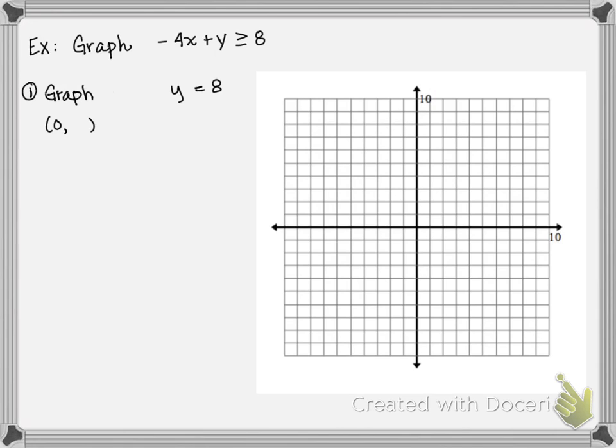And so we end up with y equals 8. And then if we put 0 in for y, then this term goes away. And to solve for x, we would divide both sides by -4, which gives us, what, -2?